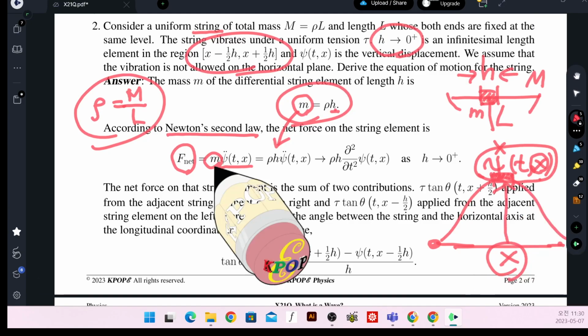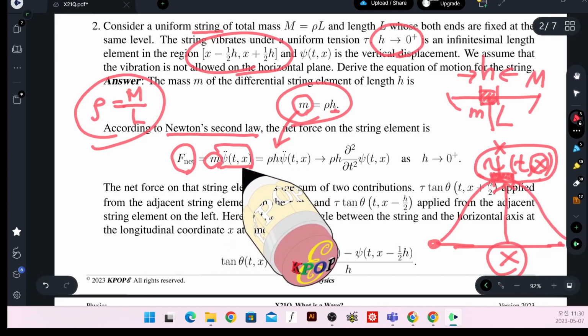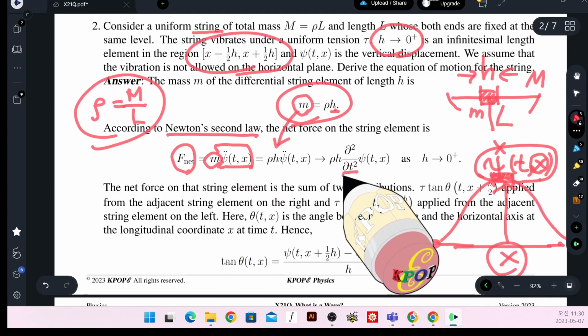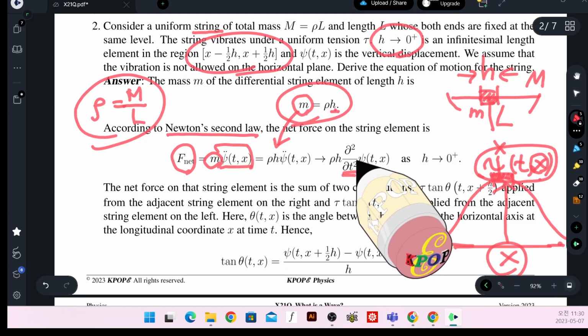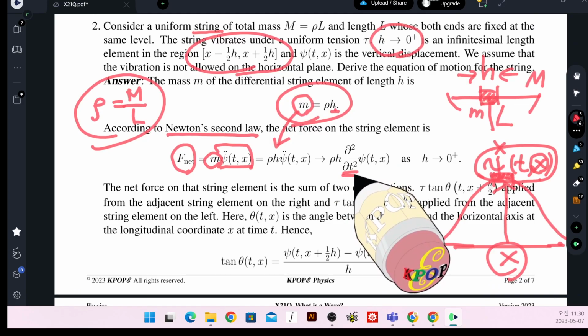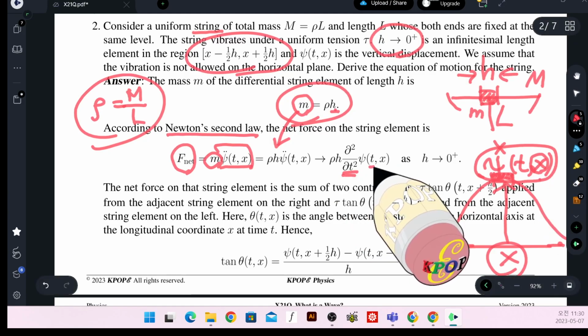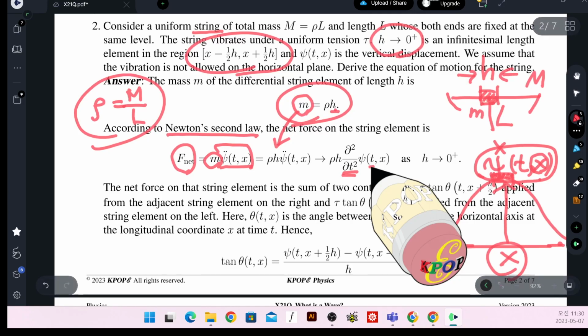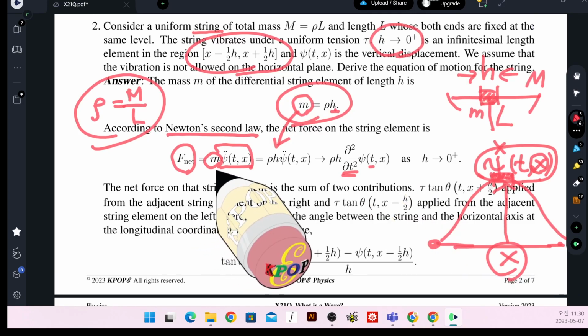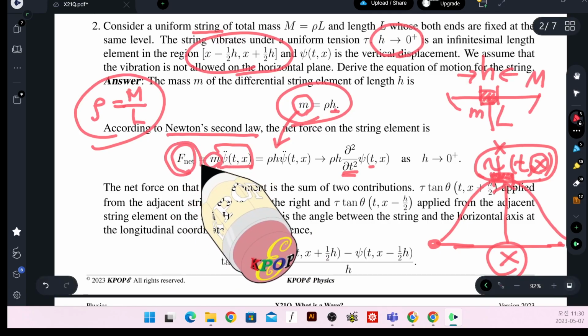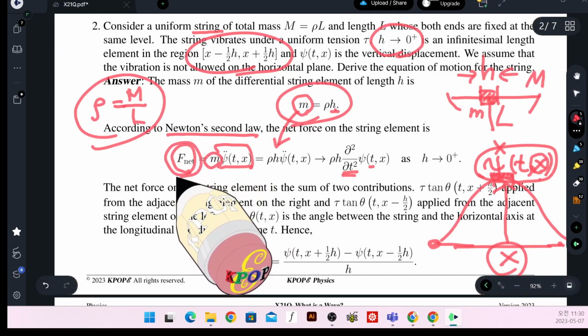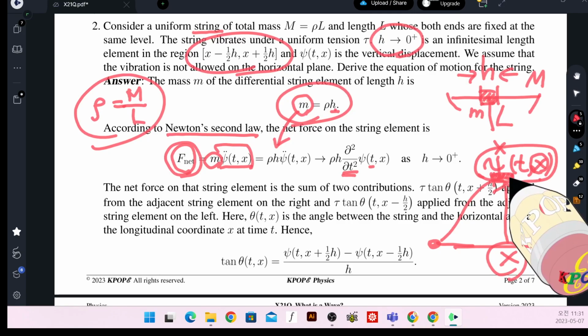So this double time derivative is nothing but the second order partial time derivative of this displacement with respect to time. Next we find what this net force applied to the tiny piece of the vibrating string is.